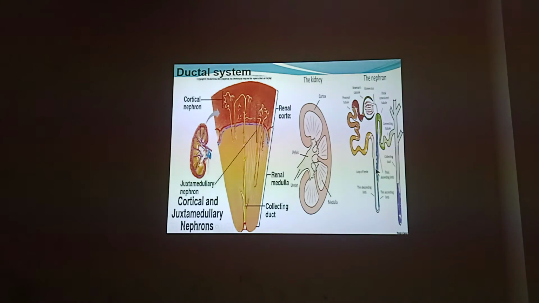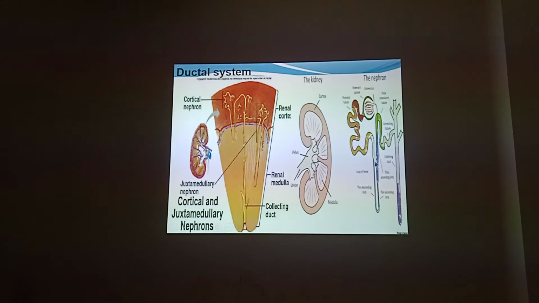Then again, this is the thin segment. Up to this much is the thin segment, and in blue color this is the thick segment of the ascending limb of the loop of Henle. The loop of Henle is formed by the descending limb and the ascending limb.